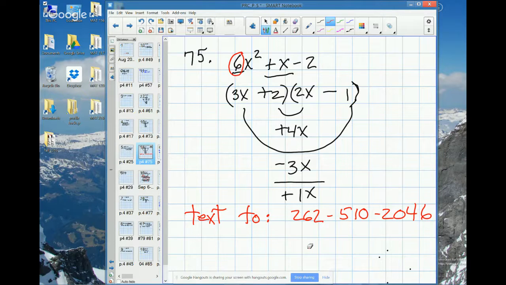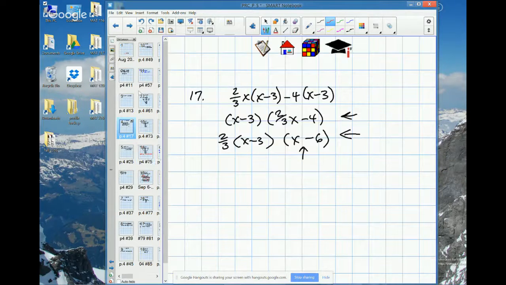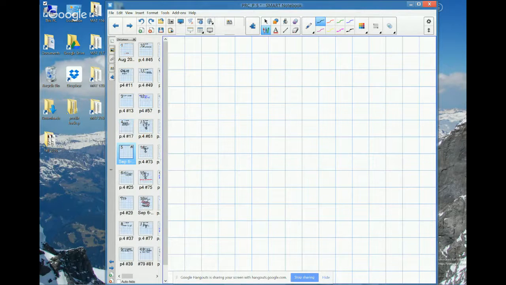Okay, can you do 18? Sure. I'm going to go to the one right before it, and I'm going to create a slide here. So this is number 18 on P4. Find the greatest common factor.